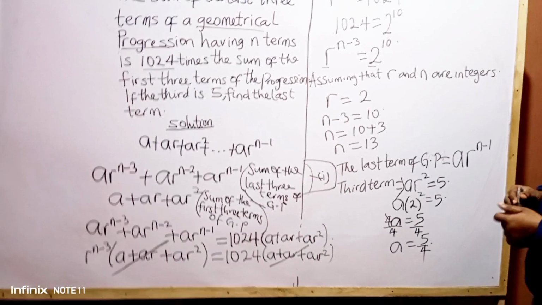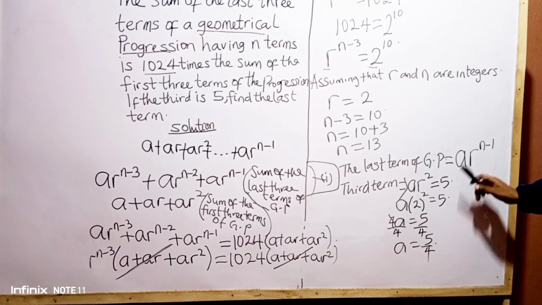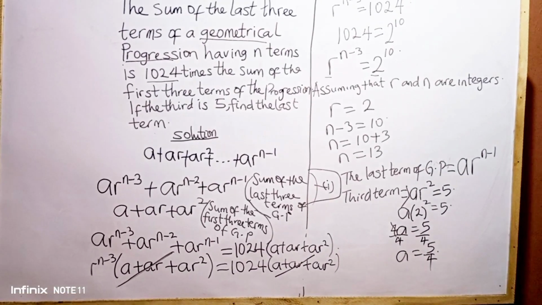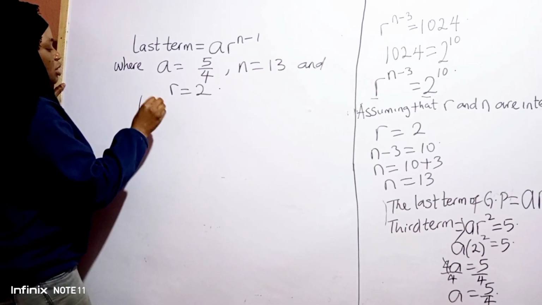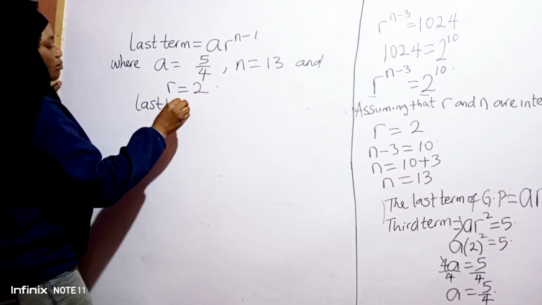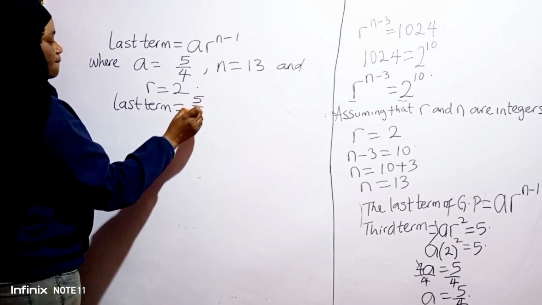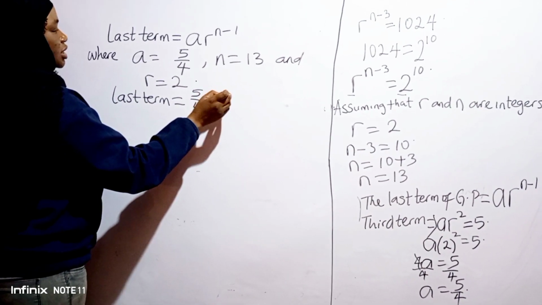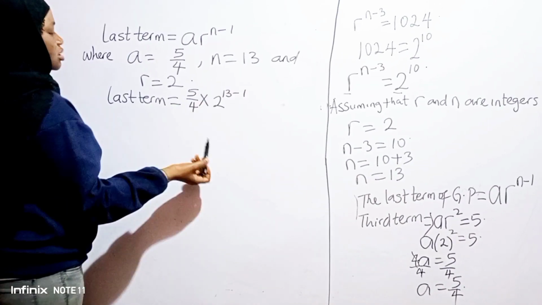That's the first term. So now I can substitute the value of a, the value of r, and the value of n in the last term. Anywhere I see a, I'm going to put 5 over 4. Anywhere I see r, I'm going to put 2, raised to the power of 13 minus 1, because n is equal to 13.